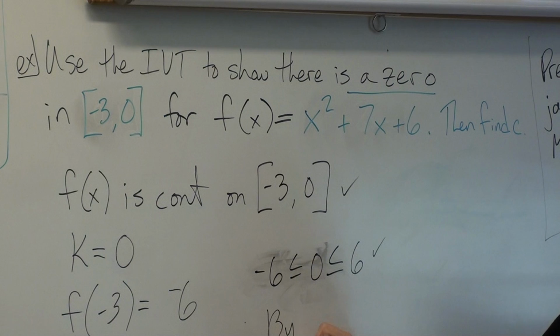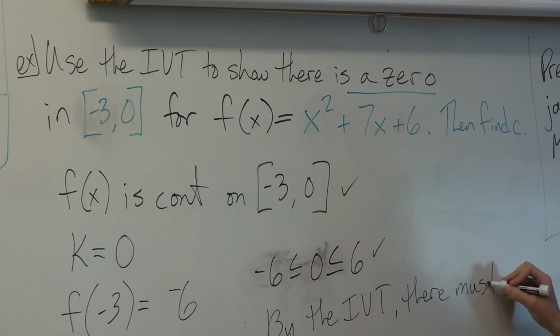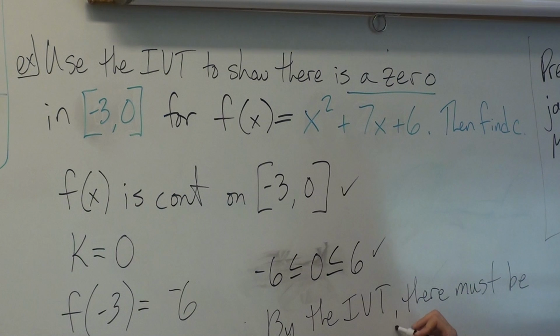Therefore, by the IVT, there must be a 0 for f of x on this interval. Now, we have to find c for this one.